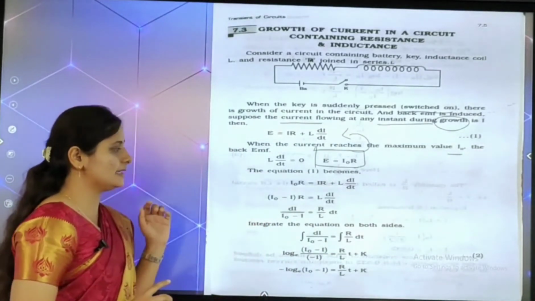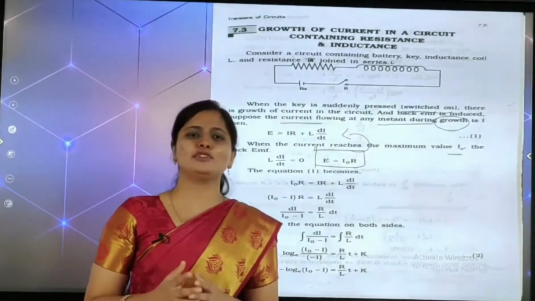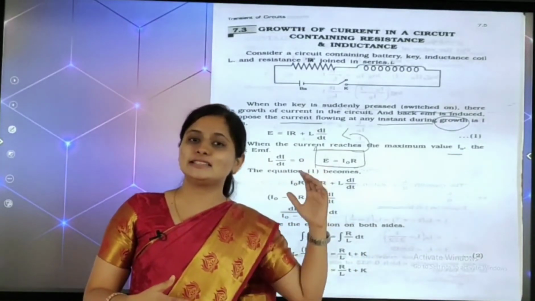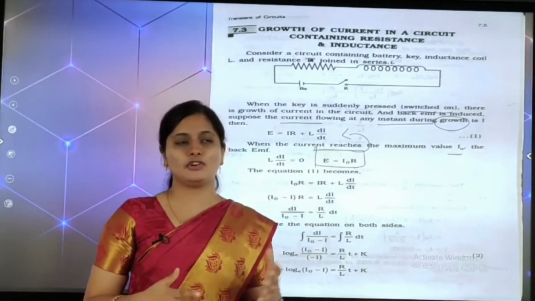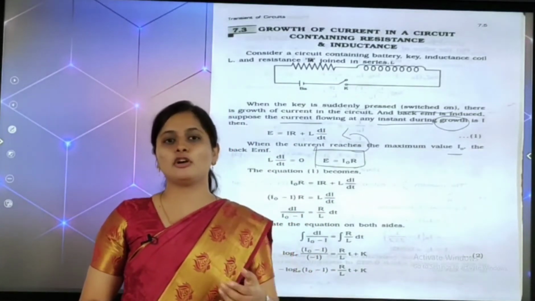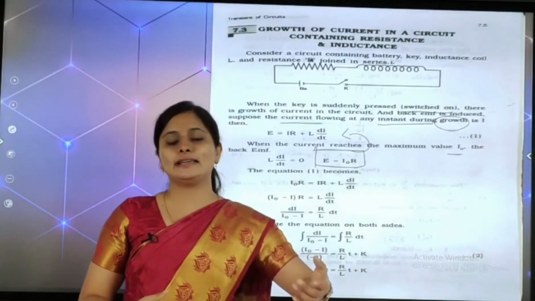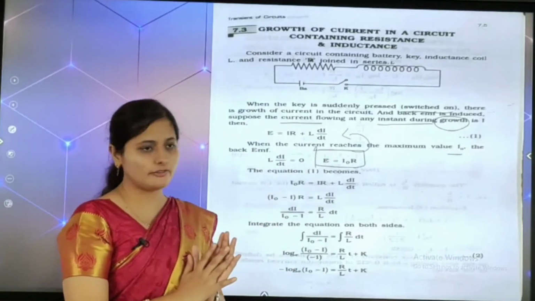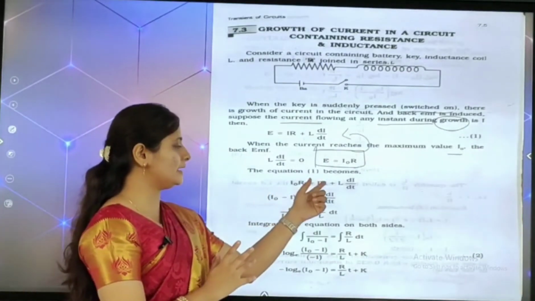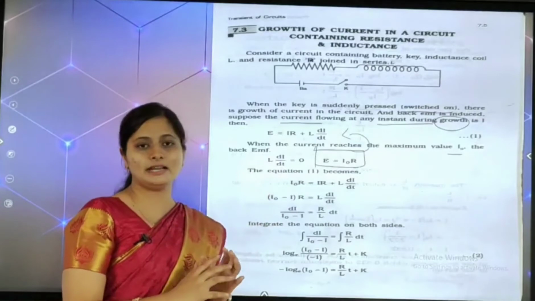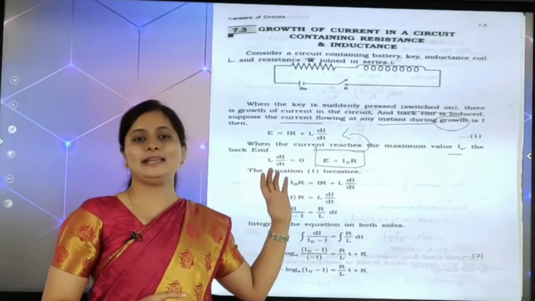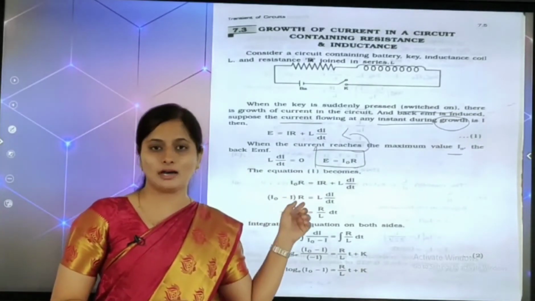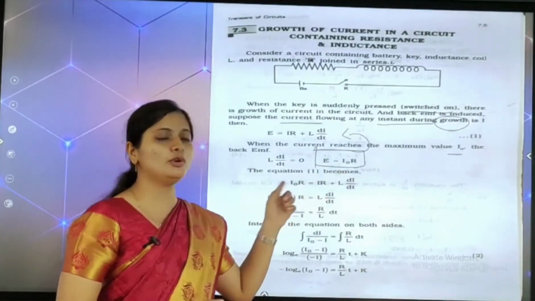Okay, next again simplification. The same procedure is there, the same steps we studied for the charging and discharging of a capacitor: the integration, removing the log, applying the time constant and taking the percentage, same procedure. So see here, we are simplifying the equation. We take minus IR to the LHS, and taking R as common, we get I naught minus I into R is equal to L into di by dt.